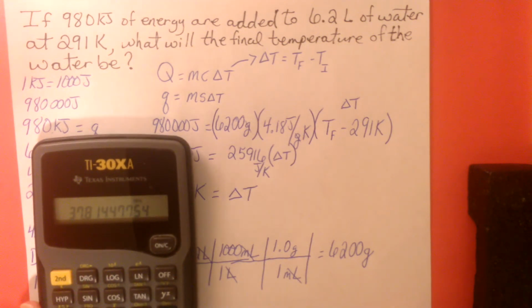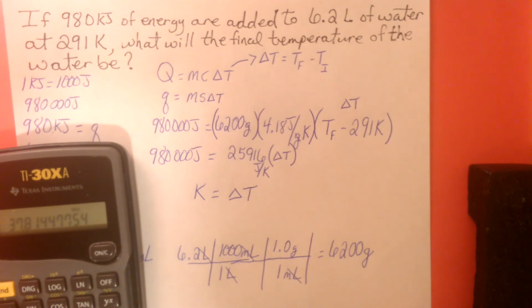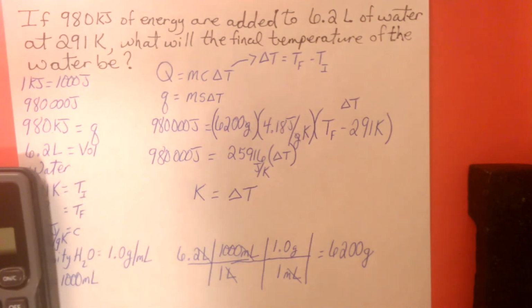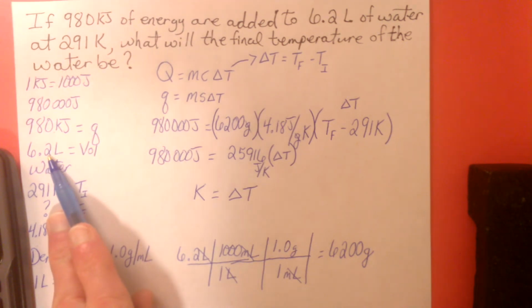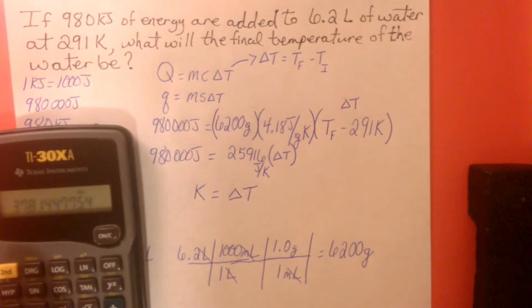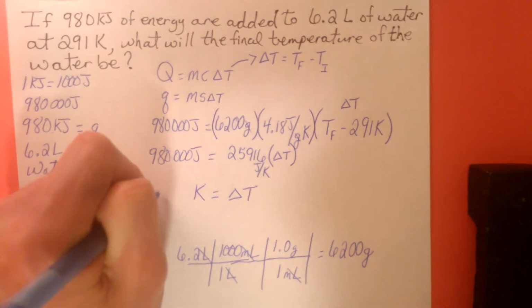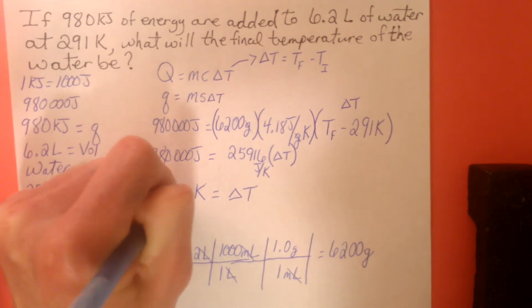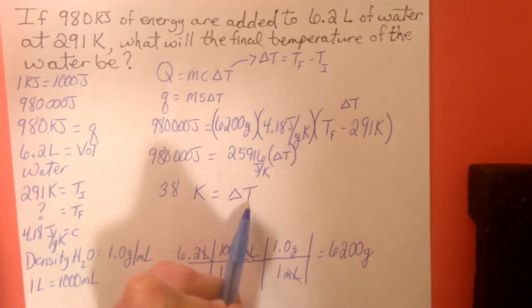As you can see, it's a very long continuous decimal, so we need to round. We need to go all the way back to 2 significant figures with this 6.2 liters. So we're going to take our 37.814 continuing on, and make it 38 degrees Kelvin. Now, 38 degrees Kelvin is our change in temperature.